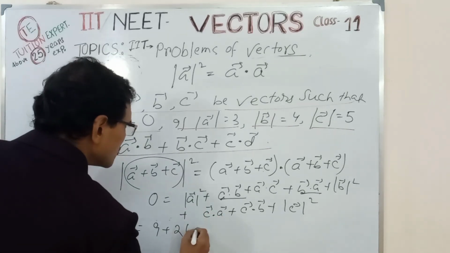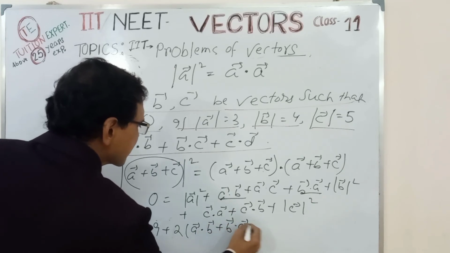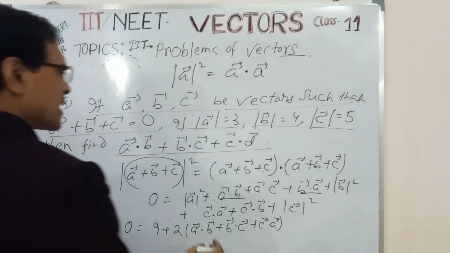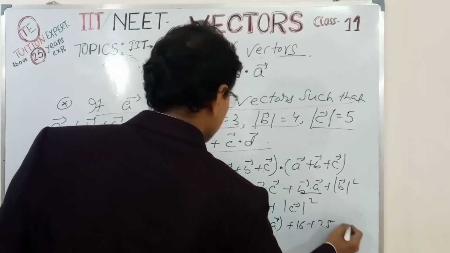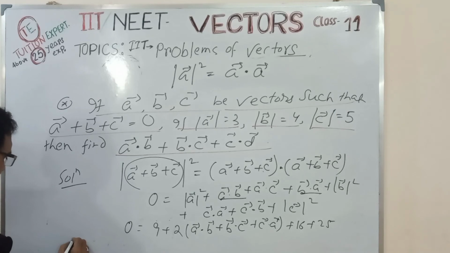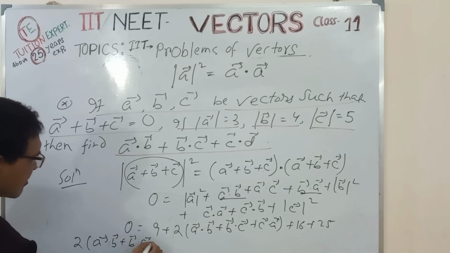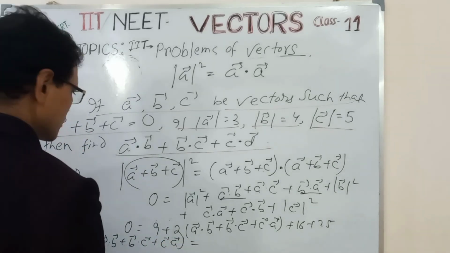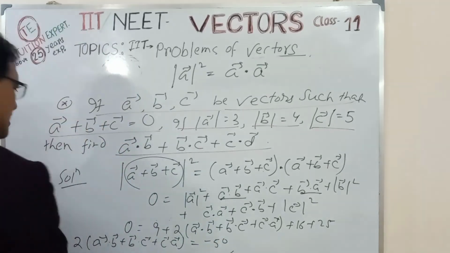So take common 2. Mod A square 9, mod B square 16, mod C square 25. So from this we get the result. So result is minus 25.